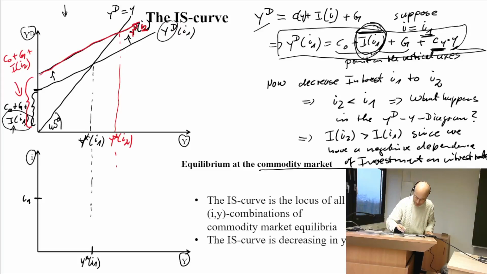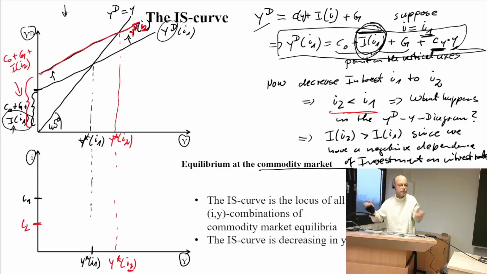So if we put this number down here, then this number corresponds to a lower interest rate than I1. So we are somewhere here. Still, you can think of 4% and 3%. So then we have here one equilibrium income depending on interest rate I2.